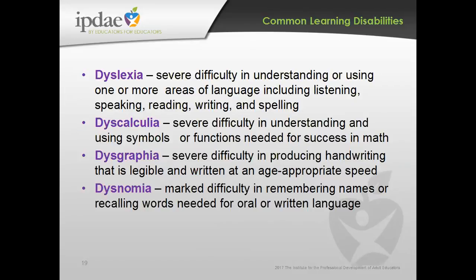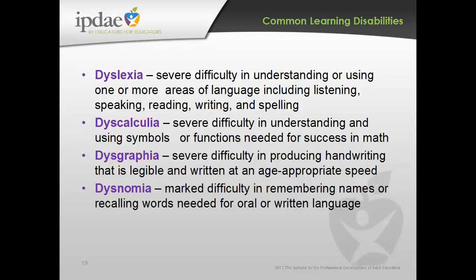Dyslexia, partial ability in reading. It affects reading, using one or more areas of language. So it could be listening, speaking, reading, writing, and spelling. All of those things come under the dyslexia banner. And as you saw with that statistic, 85% of people with a learning disability have dyslexia.